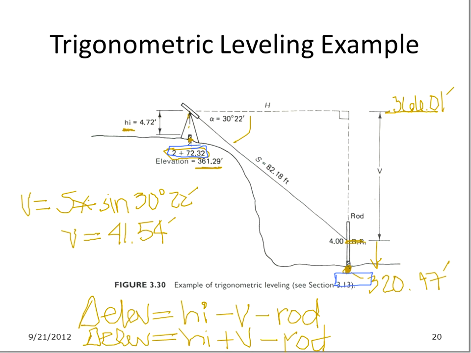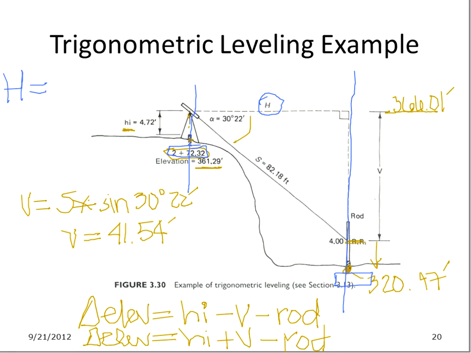The stationing here is simply the horizontal distance between the 2 points. Right? Stations are always taken on a horizontal line. So we can calculate the distance between them by calculating this, h.